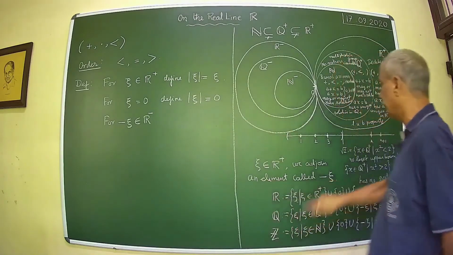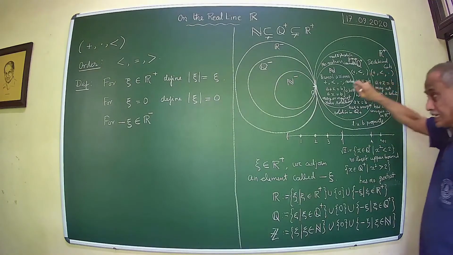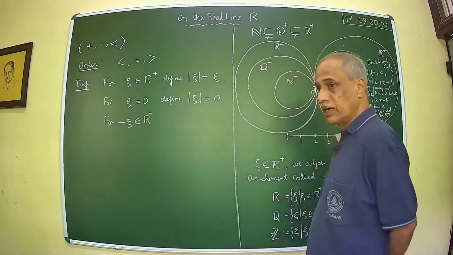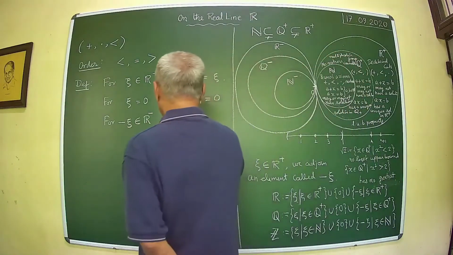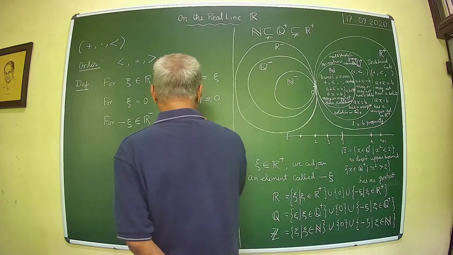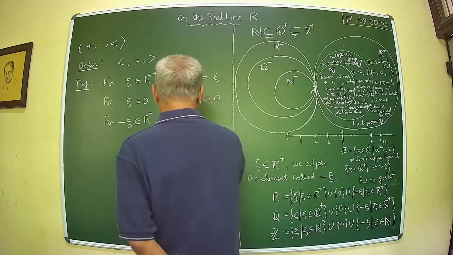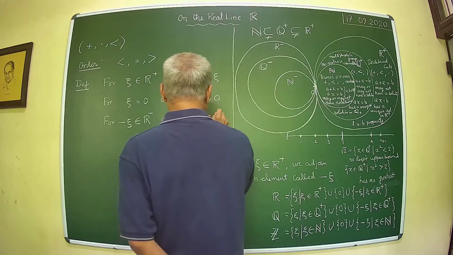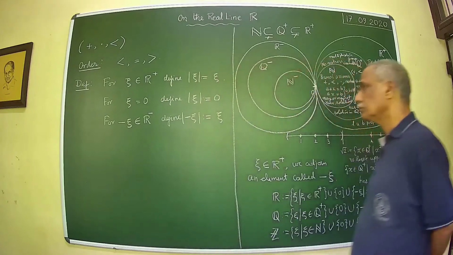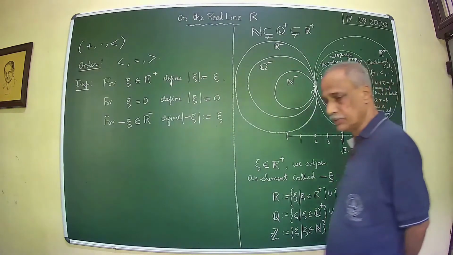What we have said is that for any psi in R plus, there is a corresponding element minus psi in R minus. And for this element, define modulus of minus psi equal to psi. So that is the definition of the modulus function.